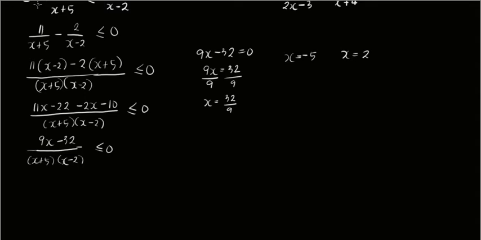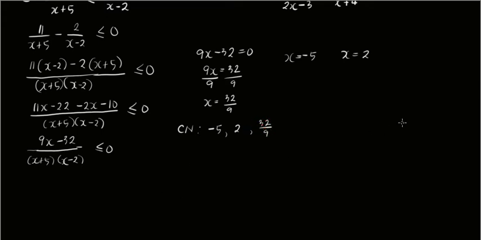Okay. Now, ang solution sa mga rational inequality ay set of numbers. Kadalasan naka-interval notation. So, for this case, we will write the solution in interval notation. So, ang gawin lang natin, i-arrange muna natin yung mga critical numbers natin in increasing order. So, we will start with negative 5. CN means critical numbers. We have negative 5, followed by 2, followed by 32 over 9.